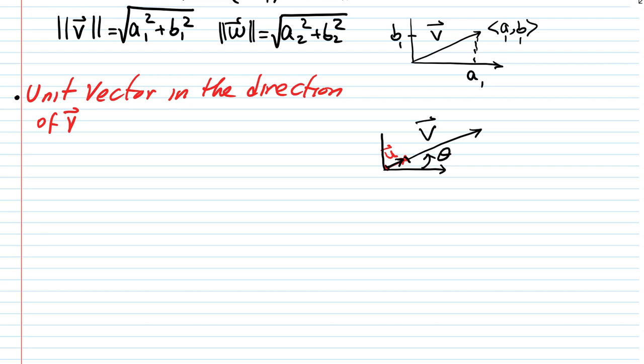Now, just to show you that the magnitude of u is actually 1, we take the square root of the sum of the squares of its components. So I'm going to square each of those. That means a over the square root of a squared plus b squared, squared, plus b over the square root of a squared plus b squared, squared. All right, and we can combine the radicand.